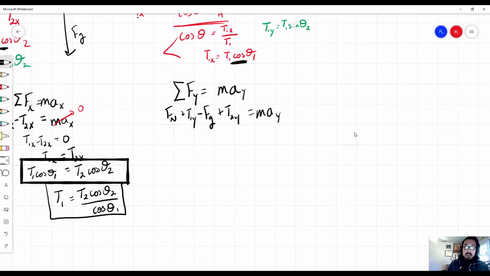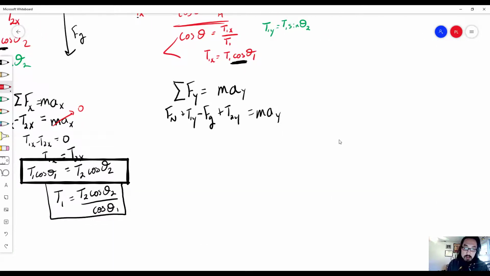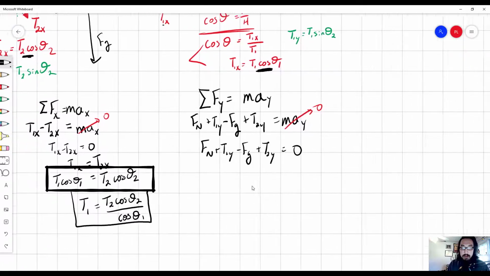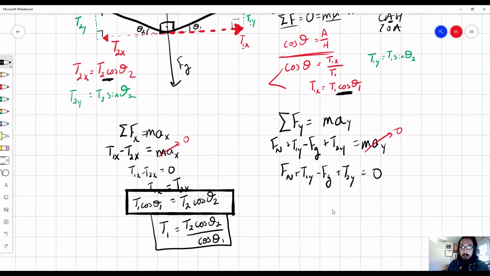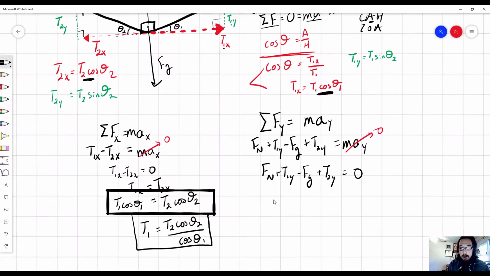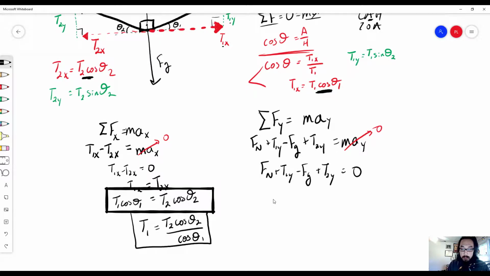All right, so in order to make this a little bit simpler, we're going to substitute in the zeros where they belong. We know that the acceleration is 0 because it's not accelerating up or down, as in the squirrel. And so the next step, I'm just going to clean it up a little bit. We got T1y minus F of g plus T2y is equal to 0. All right. So here we have our equation. Now we can break this down even more because we know what T1y is, right?